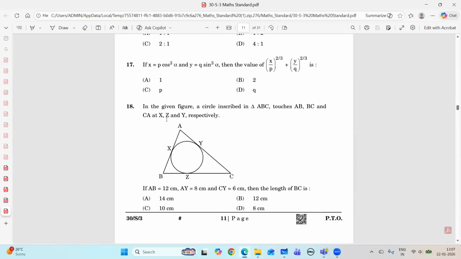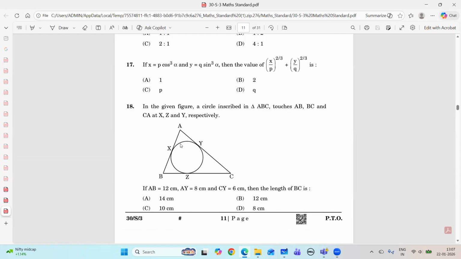In the given figure, a circle inscribed in triangle ABC touches AB, BC, and CA at points X, Y, Z respectively. If AB is 12 centimeters and AY is 8 centimeters and CY is 6 centimeters, then the length of BC is? So we are given a circle and a triangle ABC.